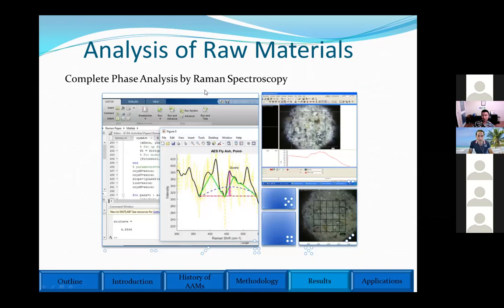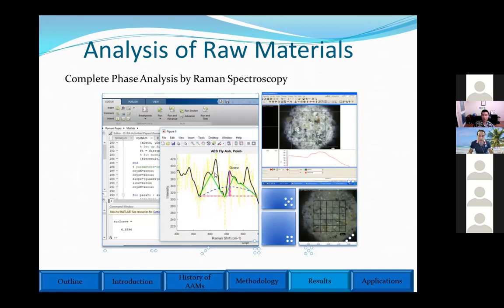But we found that if we use Raman spectroscopy instead of XRD and XRF, we can get rid of the frustrating and time-consuming sample preparation. Any small sample of powder or hardened concrete can easily be put under the Raman spectroscopy microscope, and then we get the spectrum and the results.